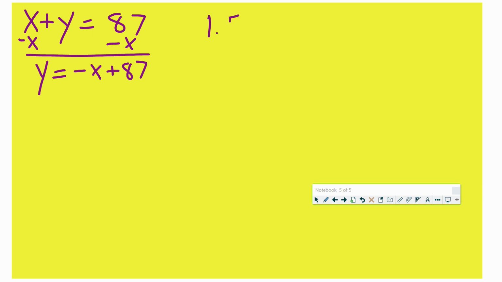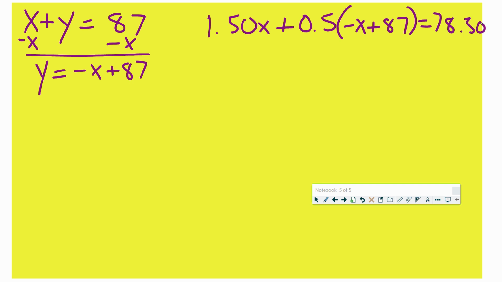So I have $1.50x plus 0.5 times negative x plus 87 equals 78.50. And then I'm going to solve.